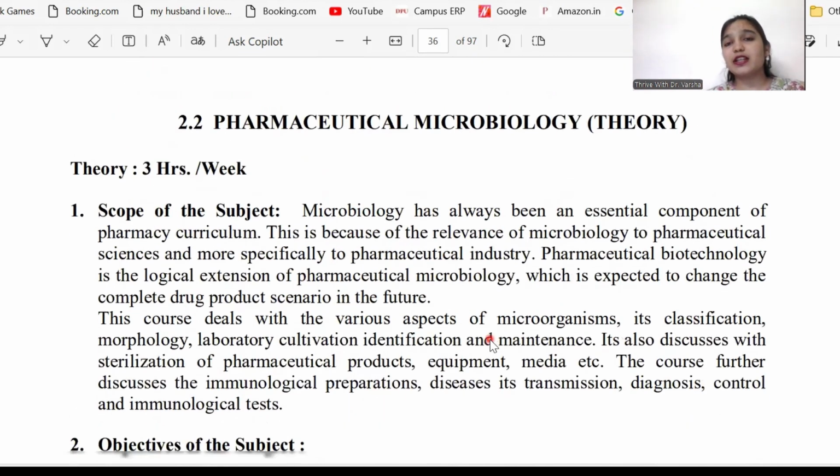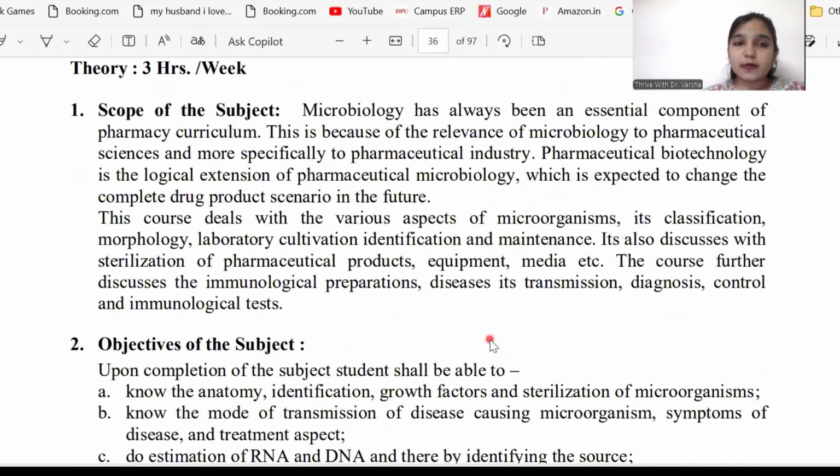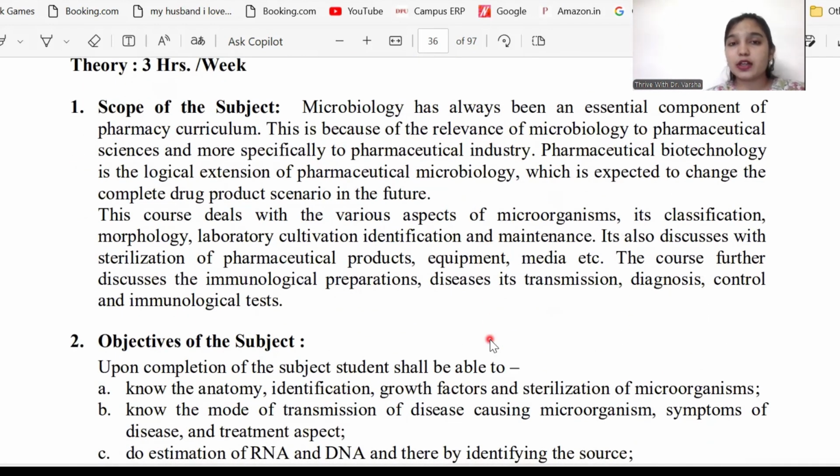Then the second subject is pharmaceutical microbiology. Why will you study pharmaceutical microbiology? Because microbiology is very essential in the pharmacy curriculum, given the relevance of microbiology to pharmaceutical sciences, more specifically to the pharmaceutical industry.